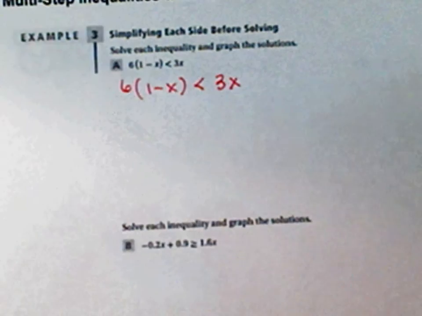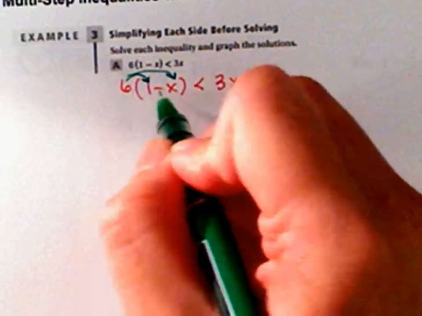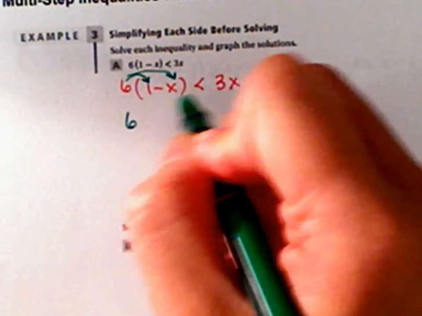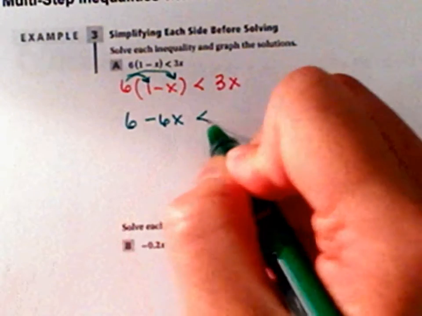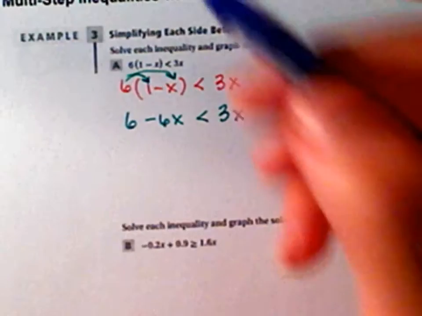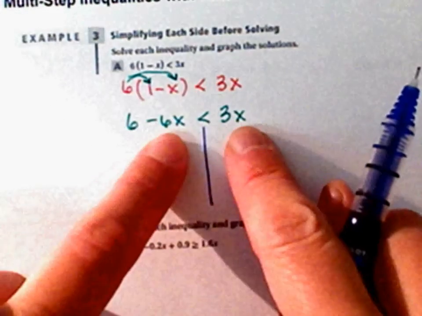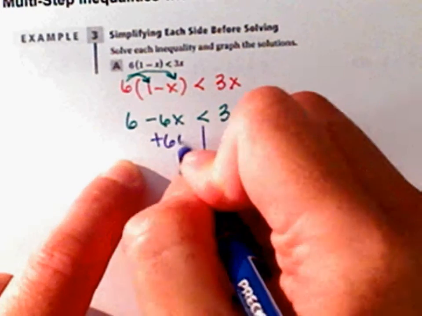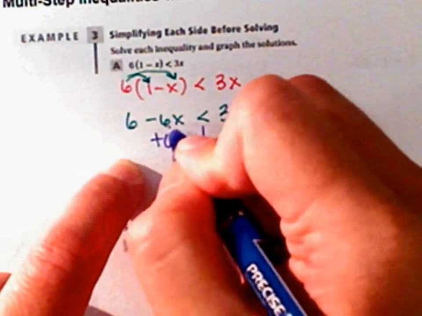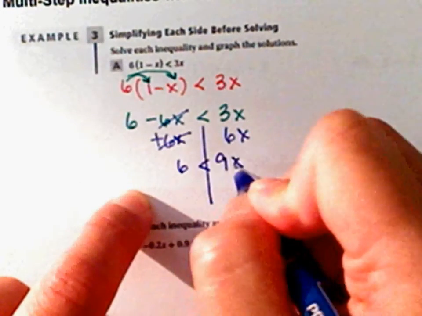First off, you have to distribute. That's called multiplying. 6 times 1 is 6. 6 times negative x is negative 6x, less than 3x. Like terms, add 6x, add 6x. So you have 6 is less than 9x.